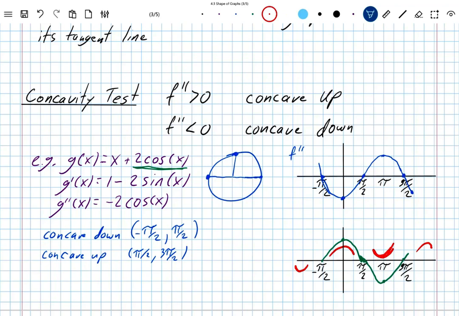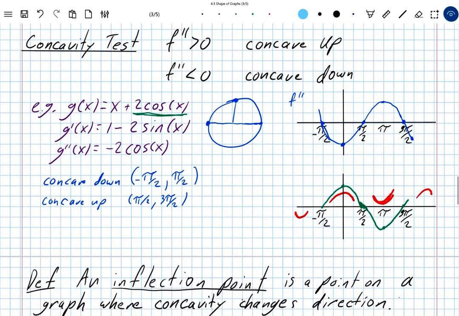When this is concave down, we have a negative second derivative. When this is concave up, we have a positive second derivative. All right, so it's nice to see that they're talking both in graphs and in algebra.